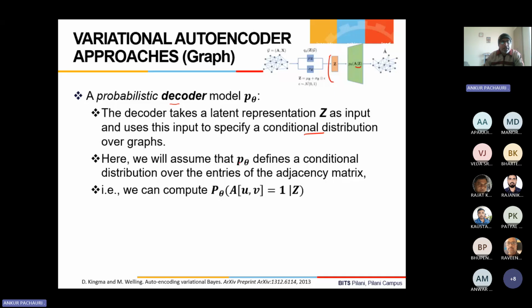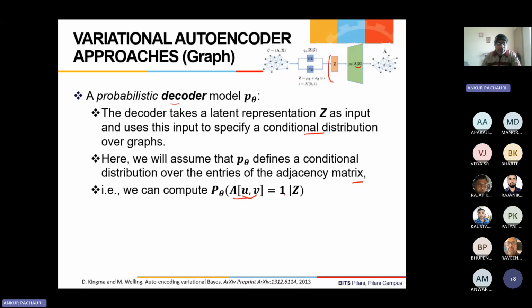Here we'll assume that p theta defines a conditional distribution over the entries of the adjacency matrix. That is, we have to compute the probability p theta that A uv equals 1 given z, which means we will be checking for each entry the existence of an edge.